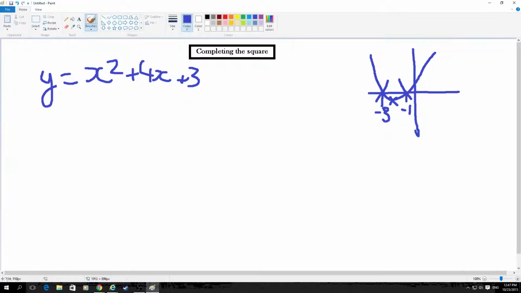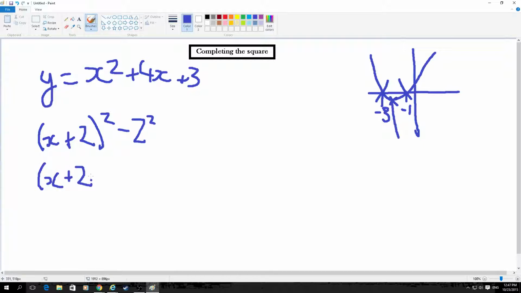But here, to work out the turning point, because the problem asks you this, you do the complete square like I showed you. You start off x plus 2, halve it, and -2 squared. It's always minus on the other side. Then x plus 2 squared equals 4 plus 3. So x plus 2 squared minus 1.